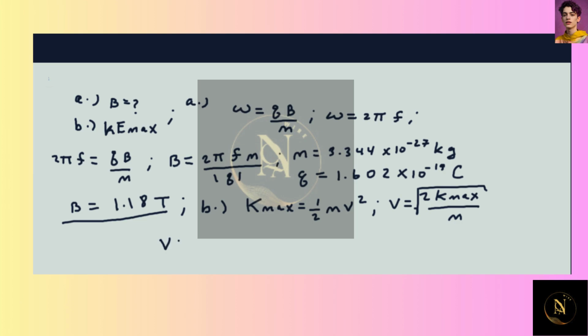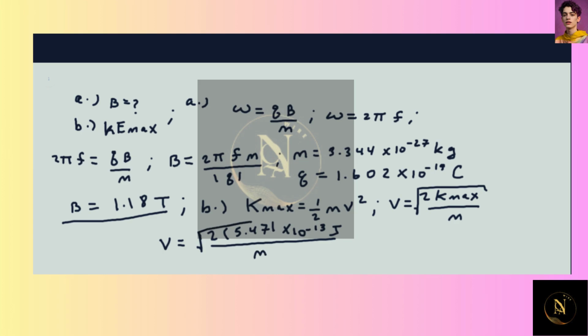Okay, v is equal to the square root of 2 times K max, which is 5.471 times 10 to the minus 13 joules, divided by my mass, which I'll leave as m.